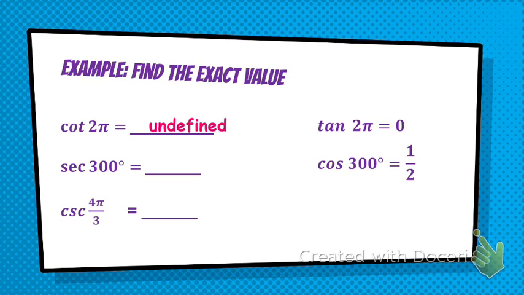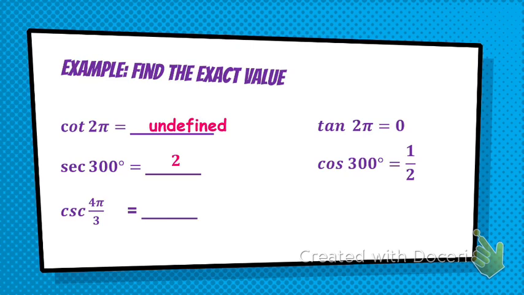In quadrant 4, our reference angle is 60 degrees. So what is the cosine of 60 degrees? The cosine of 60 degrees would just be 1/2. We're in quadrant 4, so cosine is positive there. So the secant of 300 degrees would just be 2.